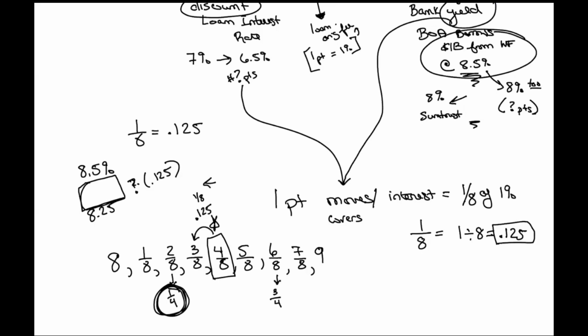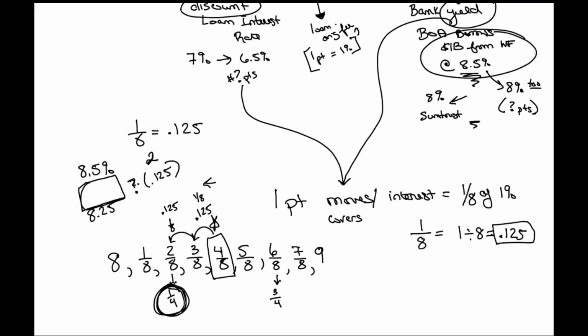If you go from 3/8 to 2/8, you moved an eighth, which is another 0.125, right? So if you have 8.5% and you want 8 1/4%, then there are 2 0.125s between those numbers because it's 2/8. Okay. I'm following you now.